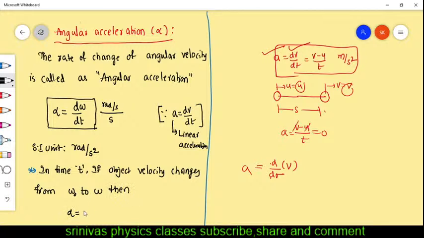The formula is change in velocity by time, d omega by dt. d omega is the change in velocity, so we write omega minus omega naught by t. This is just similar to the a is equal to v minus u by t formula. Final velocity minus initial velocity by time is the acceleration. Omega is the final angular velocity, omega naught is the initial angular velocity, t is the time.